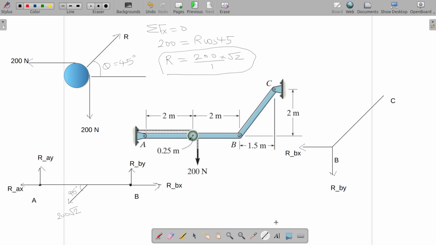And now here similarly you will have forces here also.